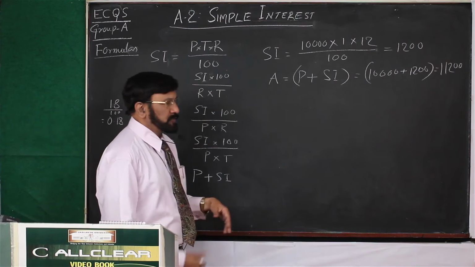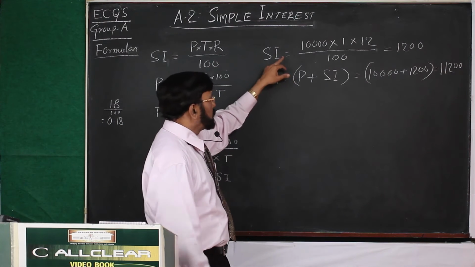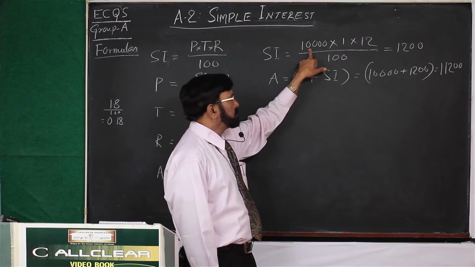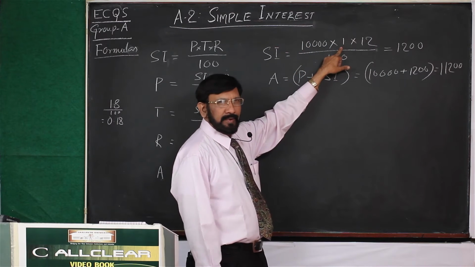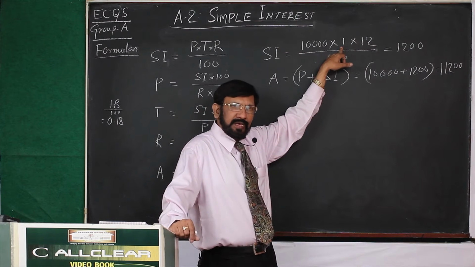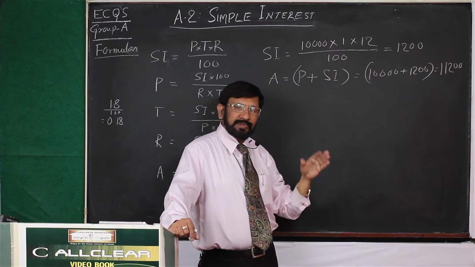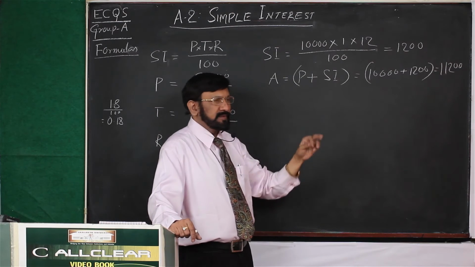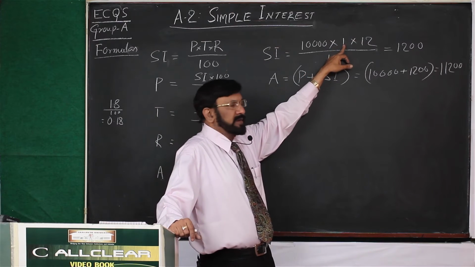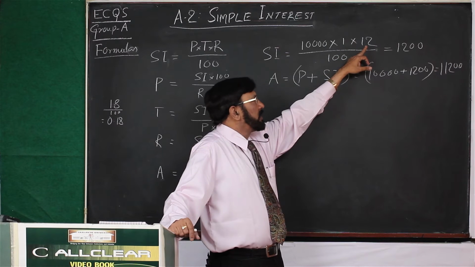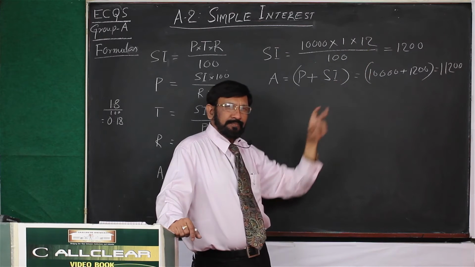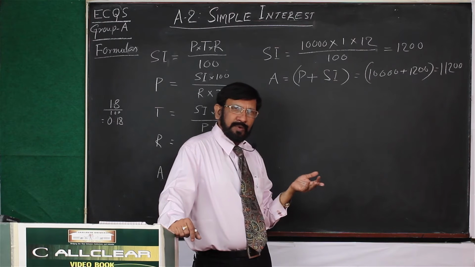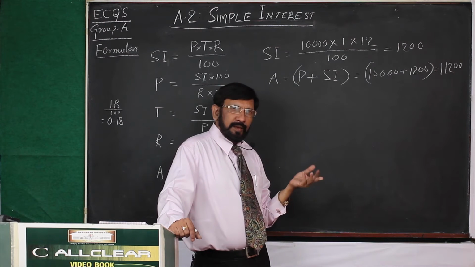Now, let us substitute this into a previous example. P is 10,000, time 1 year. Time should always be expressed in years. If it is given in months or fractional months or days, you should convert it into years and put it. Next thing is rate of interest. Rate of interest also may be given in different forms, per month, even per day.